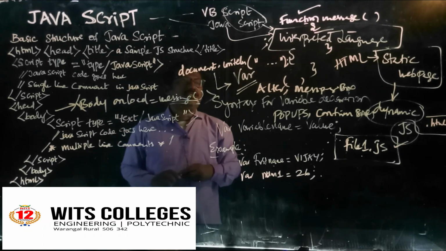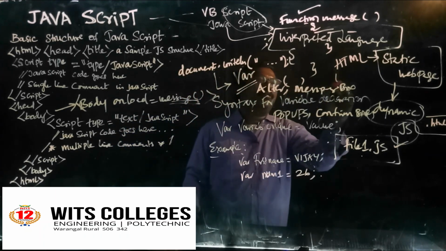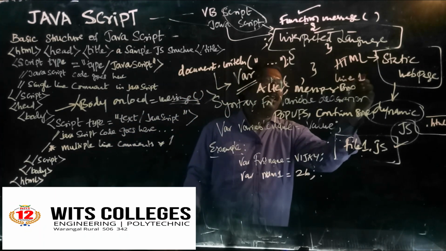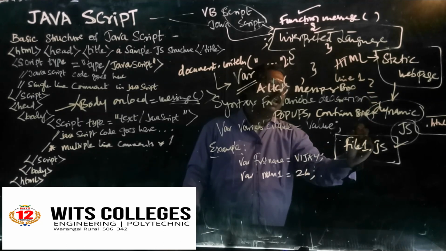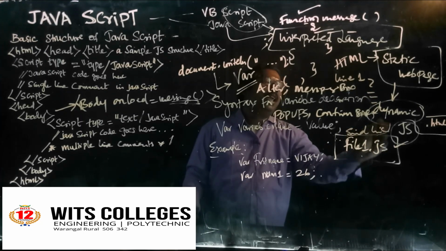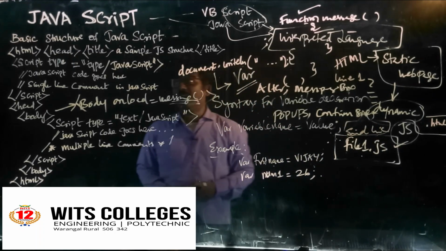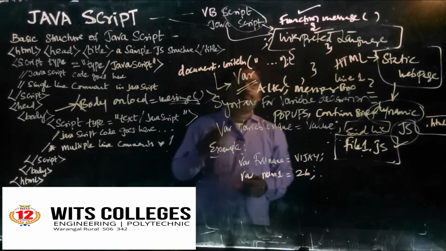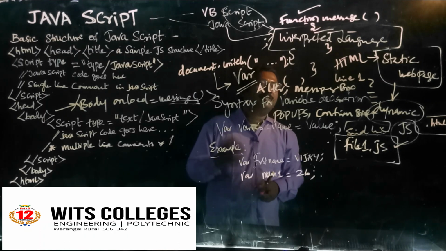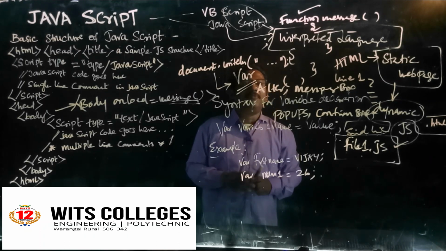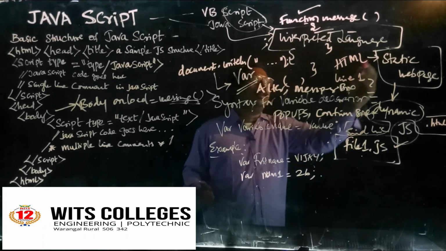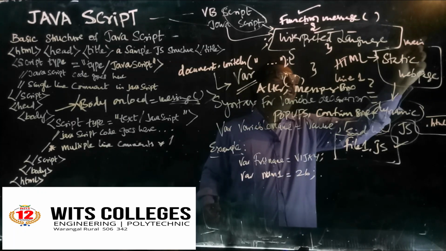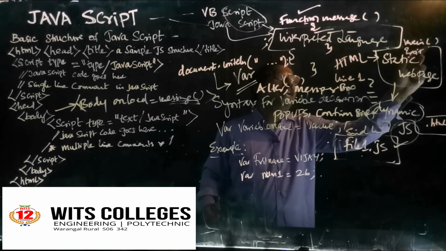Execution of the code starts from line 1 and ends at the end of the last line. JavaScript will not have a function called main or a function called exit.